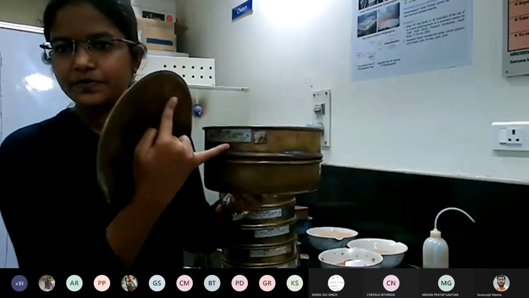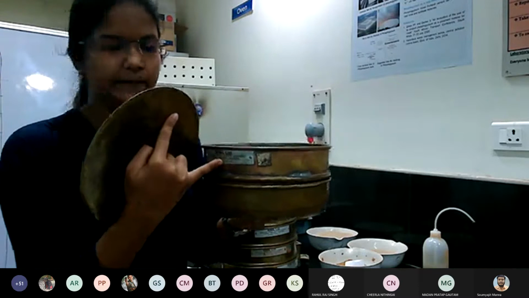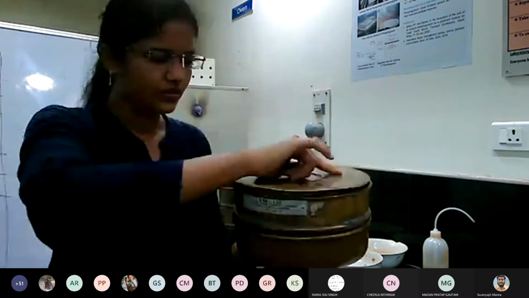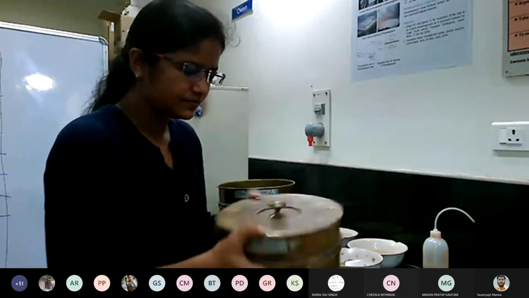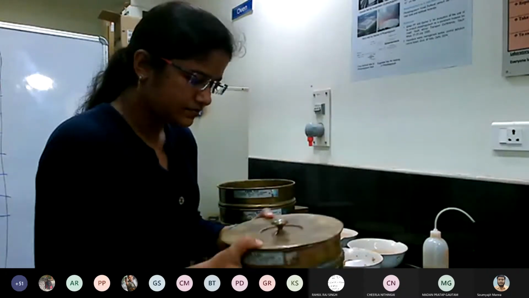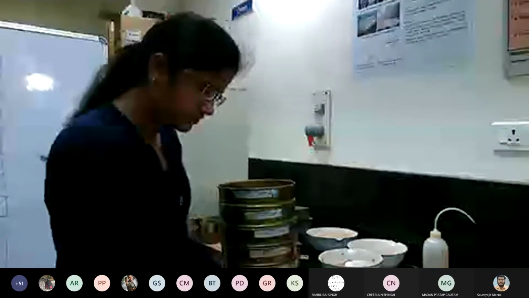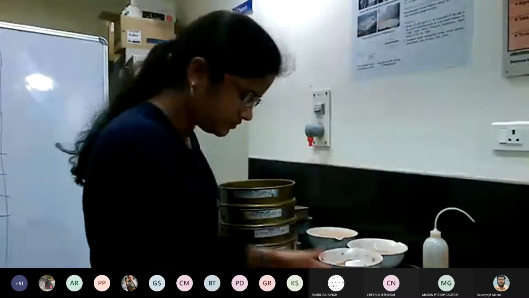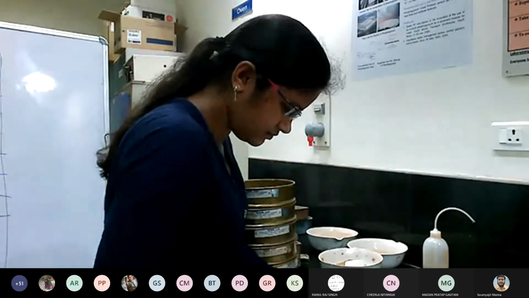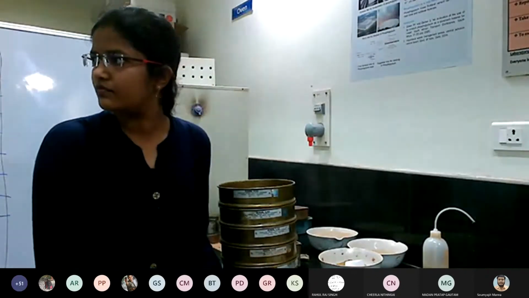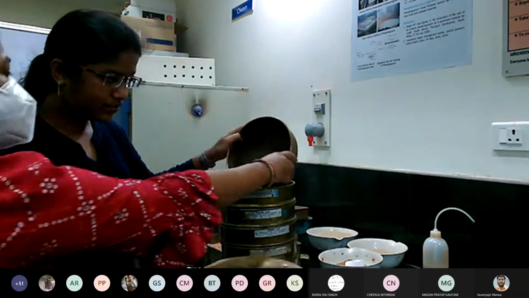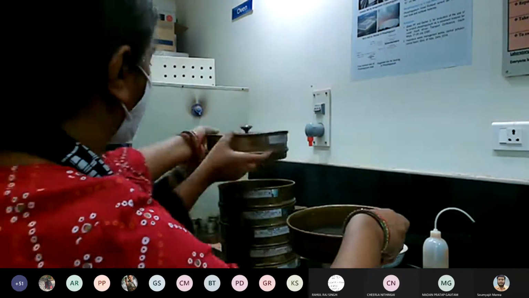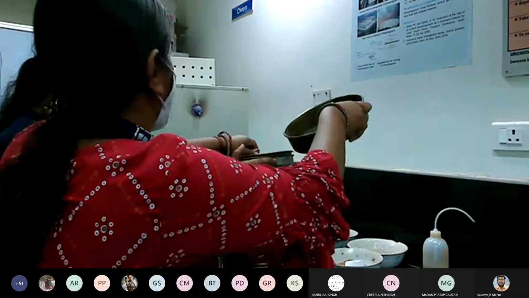The top sieve is the 4.75 mm sieve. Just put the pan at the bottom.